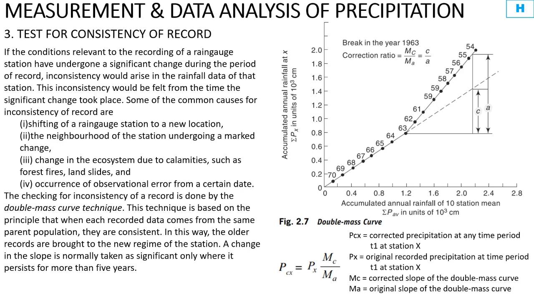Number 1, shifting of rain gauge station to a new location. An area, kung walang mag-change sa area, constant or may range constant ang kanyang precipitation. Example, sa mga rainforest, madalas ang rain doon because of the characteristics ng rainforest. Madalas ang rain.